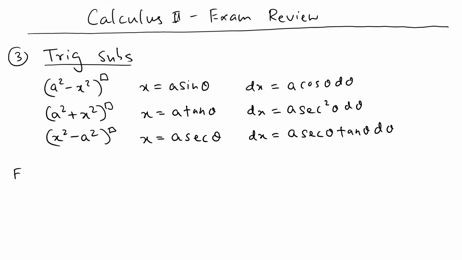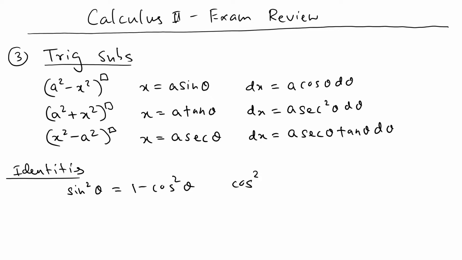And also in these three, actually I want to tell you all the identities that we can use. So we can use identities. In the first one, we can use sine square theta equal 1 minus cosine square theta, or cosine square theta equal 1 minus sine square theta, depending on the integral. So you can use both.